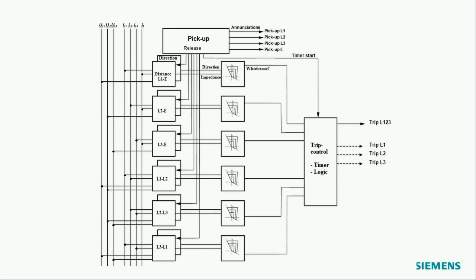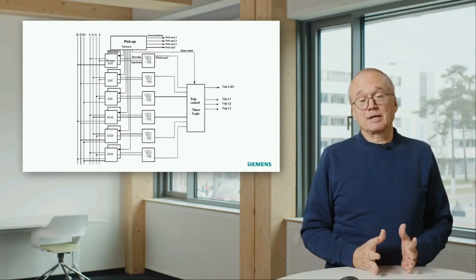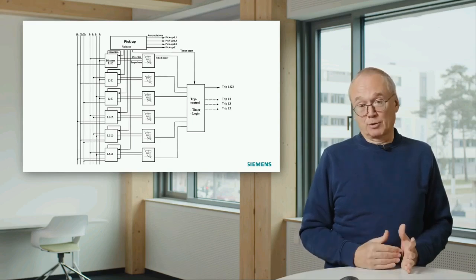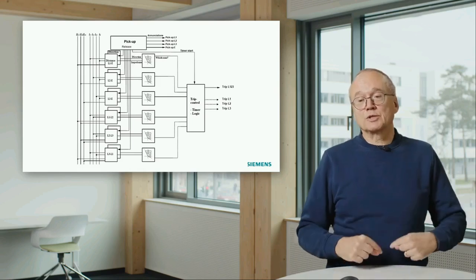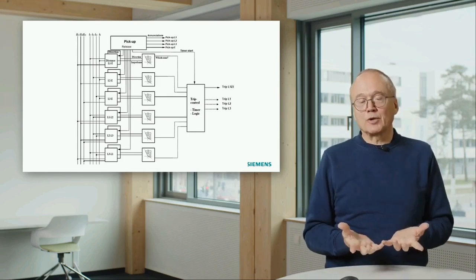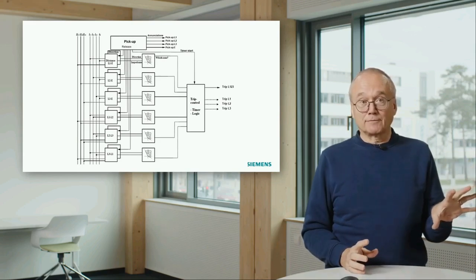But remember, in overhead lines we often have auto reclose active. And in auto reclose we have in many applications the concept of doing single pole auto reclose. That means we don't give a trip command for all 3 poles of the breaker. We see what type of fault we have.